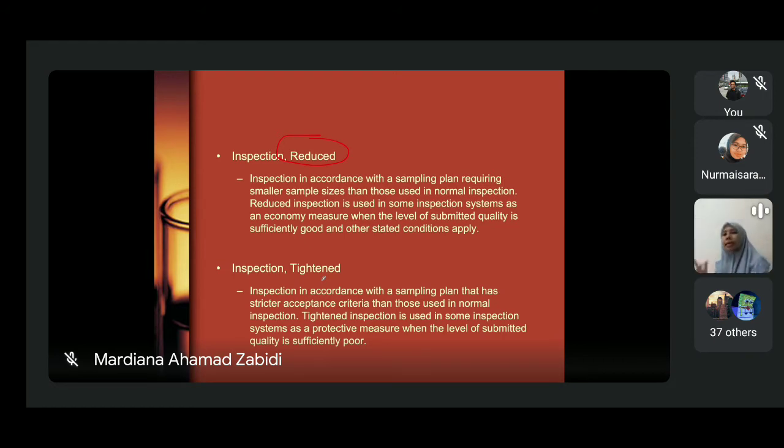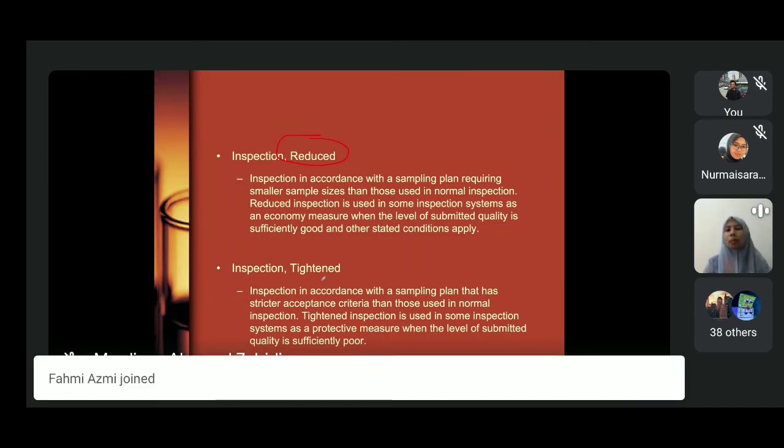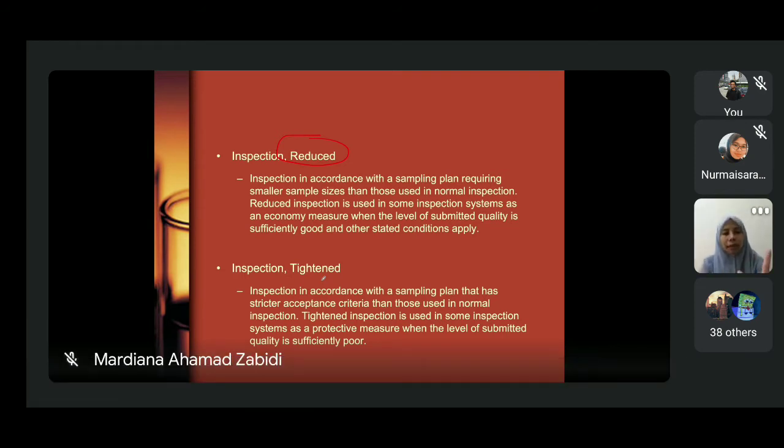Okay, tapi Titan inspection ni, it means that I open up ataupun I took more samples than normal inspection. But of course, there are some advantage and disadvantage when I perform Titan inspection.